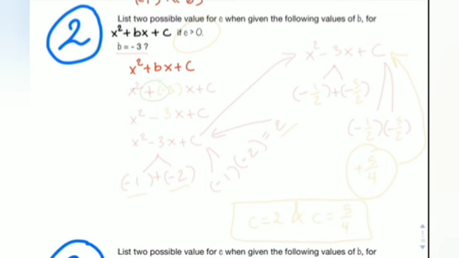Now we know that B equals negative 3. So every time we see a B, we put a negative 3. So let's substitute, and whenever you substitute, you write it in parentheses. You see how that B turned into negative 3, and then we write everything else the same.